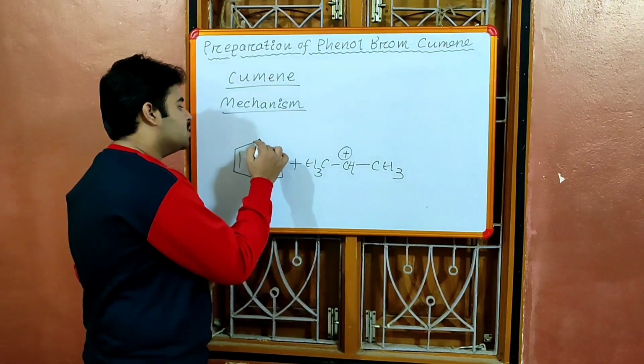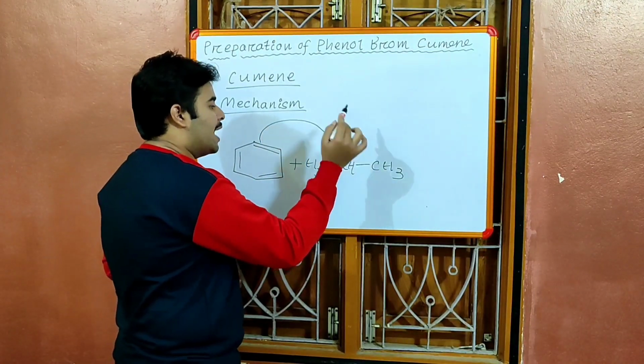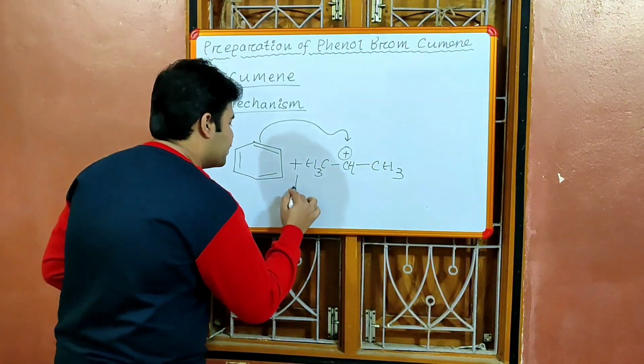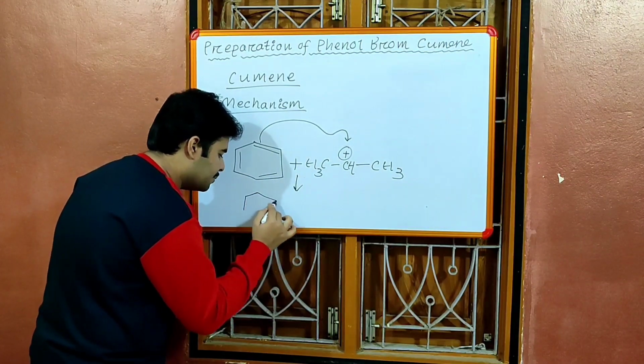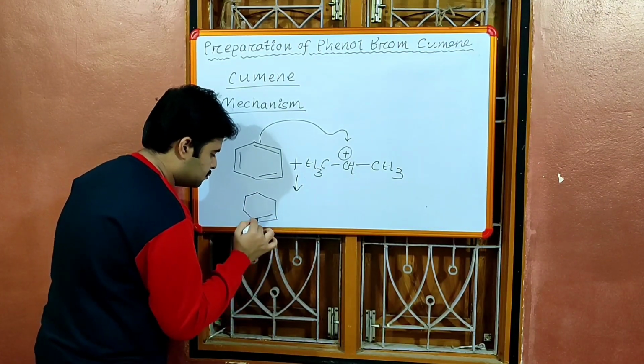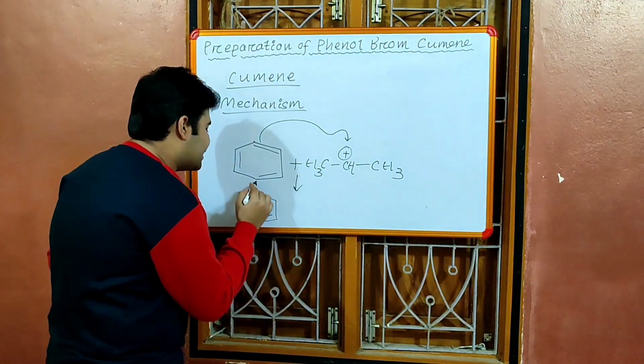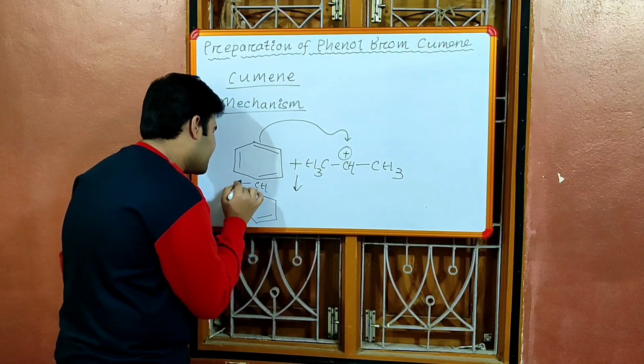This double bond will attack this carbocation. So what will happen? This will be formed. This isopropyl carbocation part will be attached to this position, forming this.